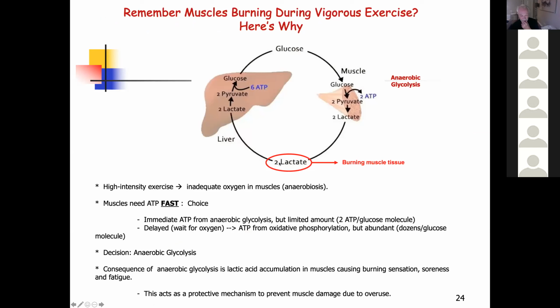And so you feel this burning sensation. And that's really all I want to say about it. Lactic acid builds up because there's no oxygen, and you have to stop and rest so that you can catch your breath, get some oxygen into your muscles, and get back to oxidative phosphorylation.